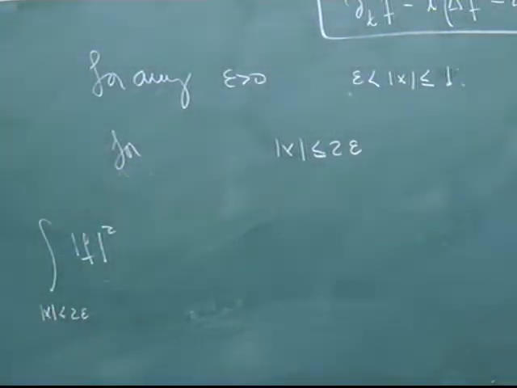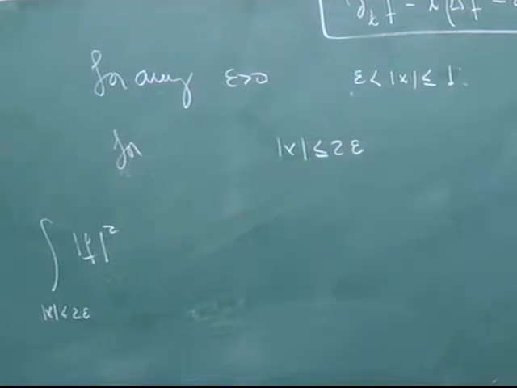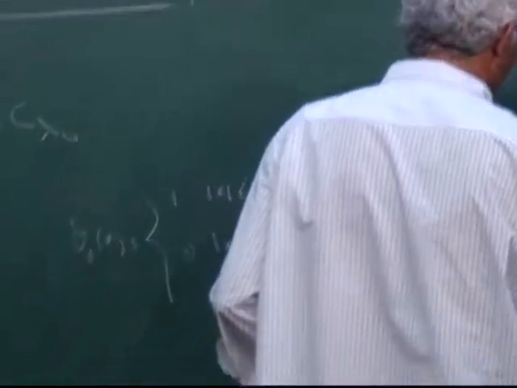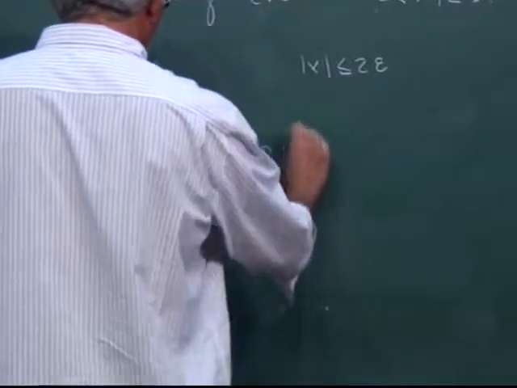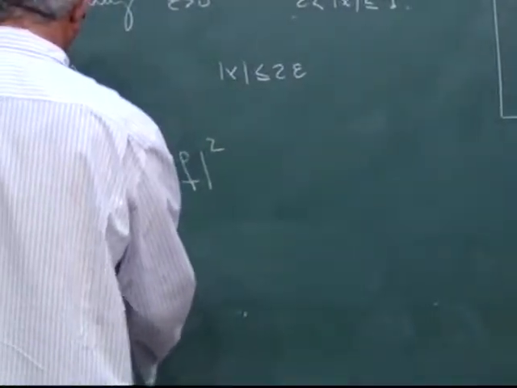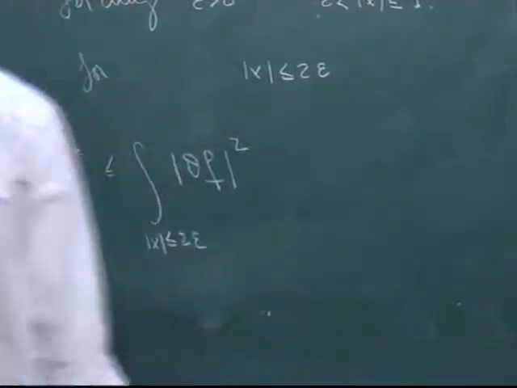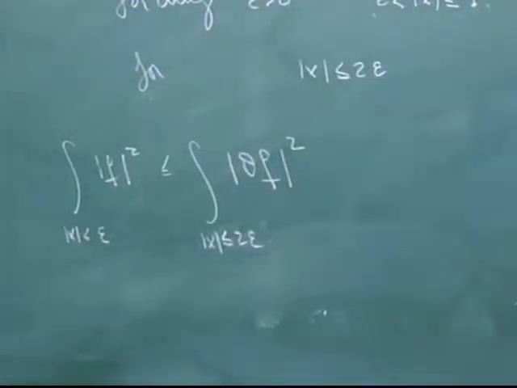Take a function that is equal to 1 if x is less than epsilon and equal to 0 if x is larger than 2 epsilon. I want to bound what happens next to epsilon. Then this is equal to this. Take this function.